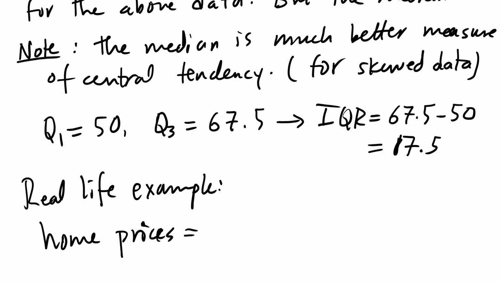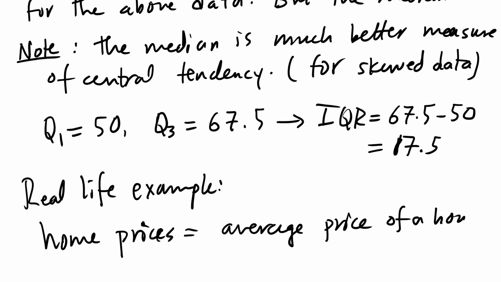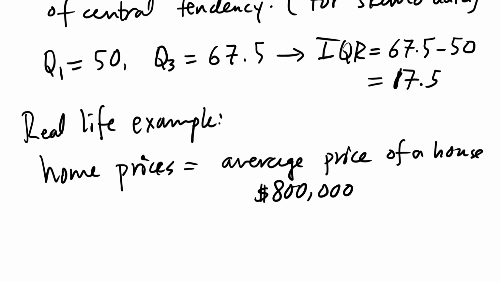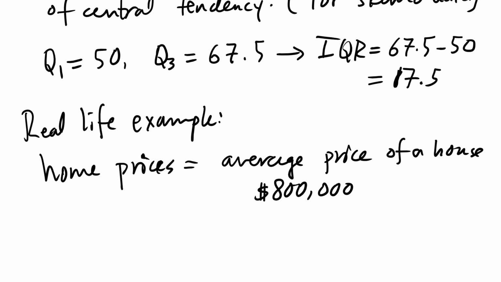You say the average price of a house is, let's say, 800,000. This looks good for the average price of the house. When I say average, we mean the mean. The average is the mean.